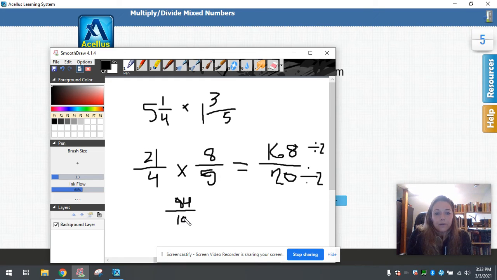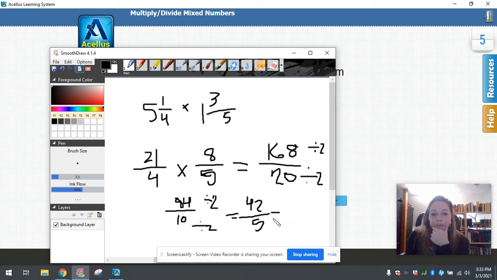I still have 2 even numbers in my numerator and my denominator, so I'm going to divide by 2 again. 84 divided by 2 would be 42. 10 divided by 2 would be 5.